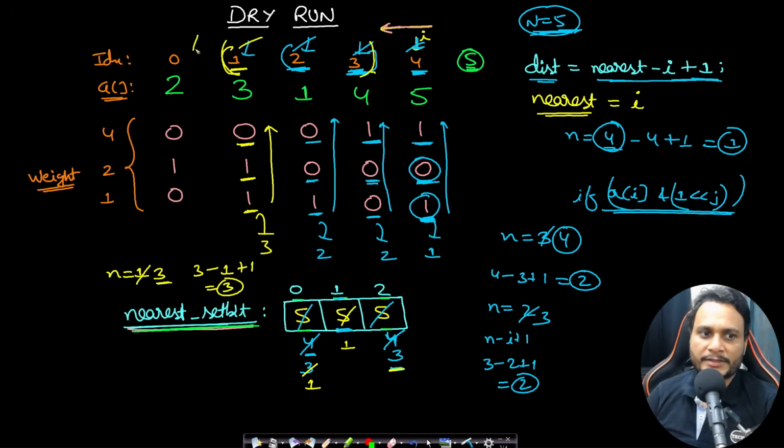And move to the left hand side. For this 0, move bottom up. When you look at this 0, see when you can set that bit at index 1. So initially the nearest index will be assigned to the current index, and you can set this first bit at 1, so update this to 1. When can you set this bit? Actually this bit is already set, so it does not require to be set, but store the index.